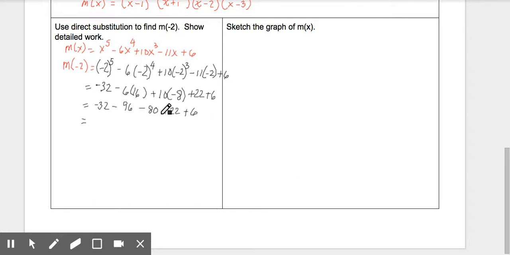So 2 plus 6 is 8. 3 plus 9 is 12, plus 8 is 20. So negative 208 plus 22 plus 6 is 28.